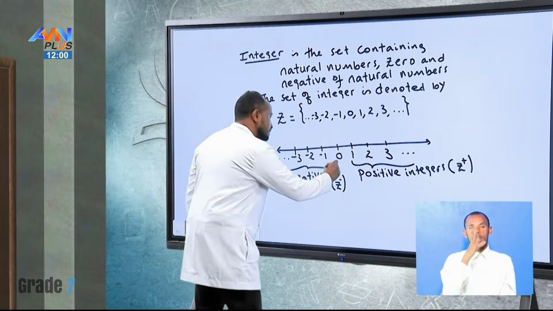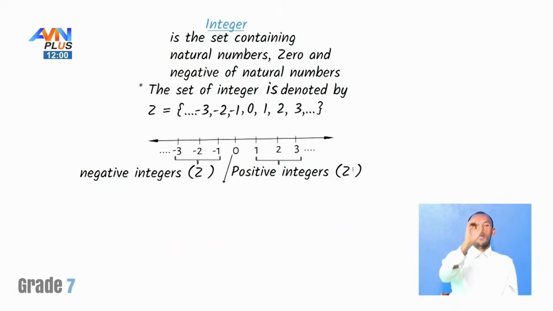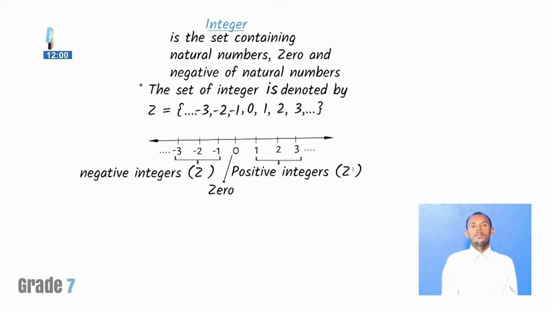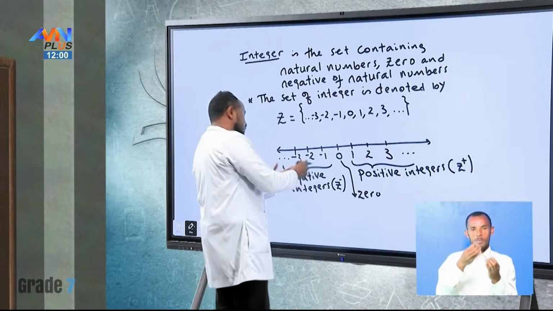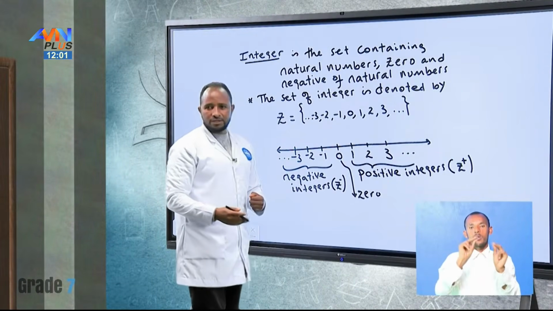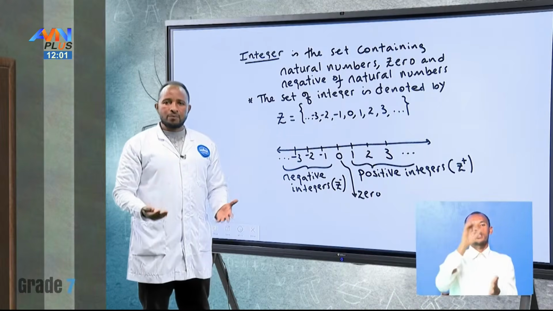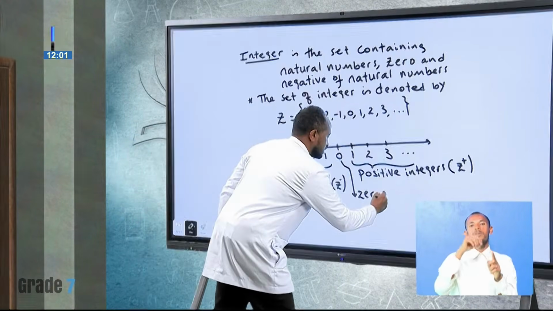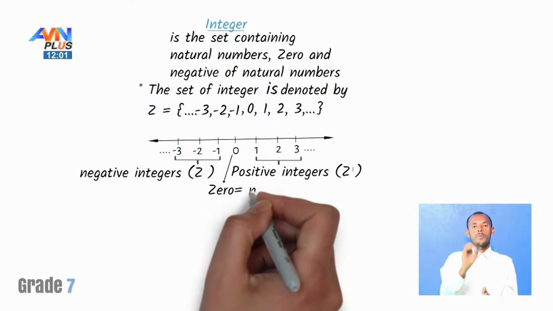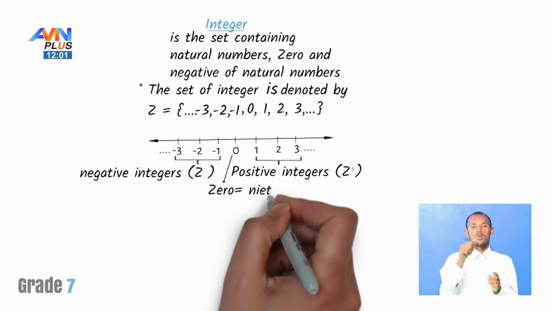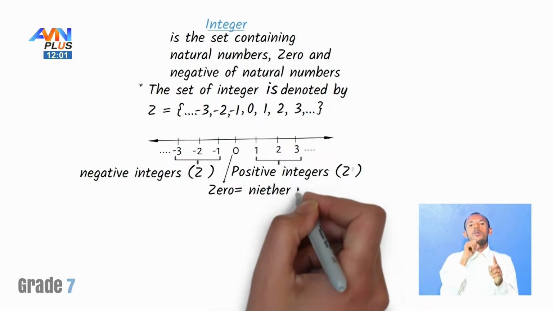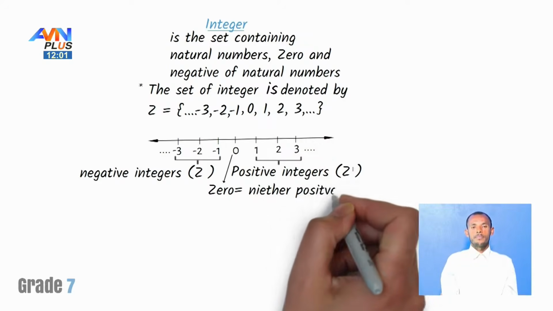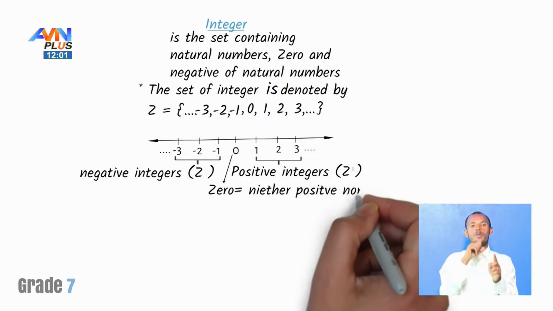And this 0, it's not a part of positive, it's not a part of negative. Therefore, 0 is neither positive nor negative.